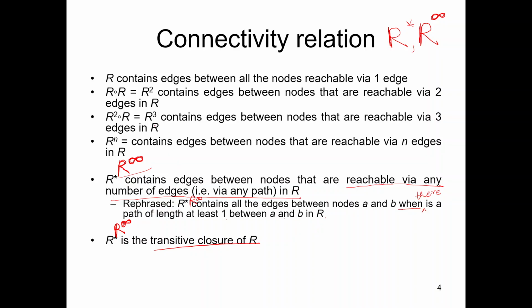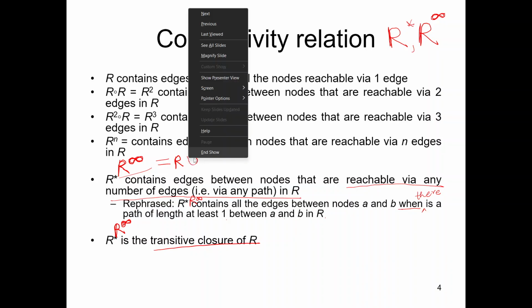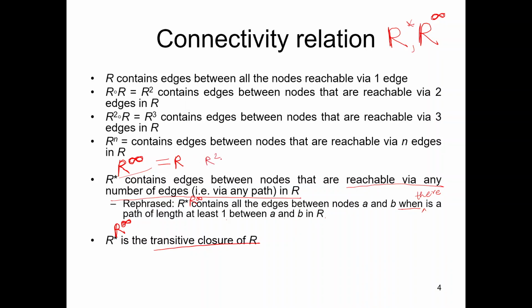One way to obtain R star is you can say that it is R union R square, union R cube, and so on up to union R raised to n.